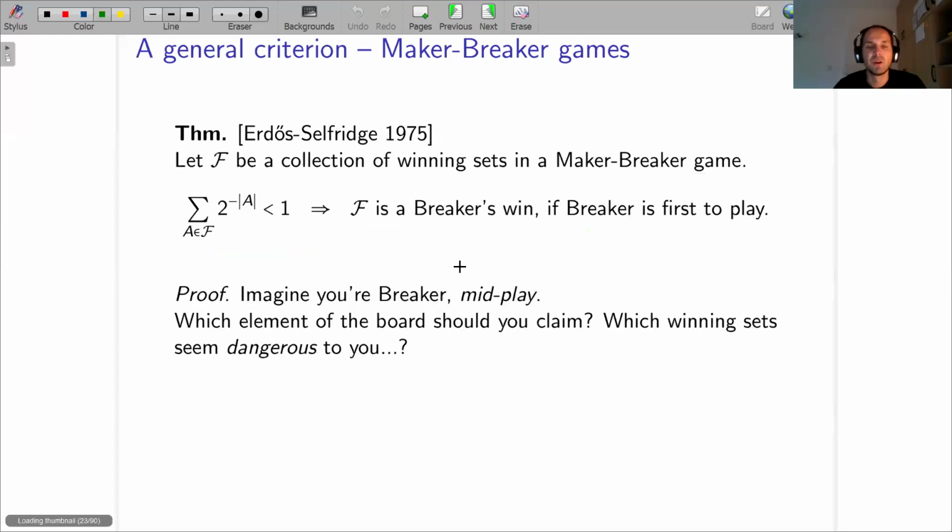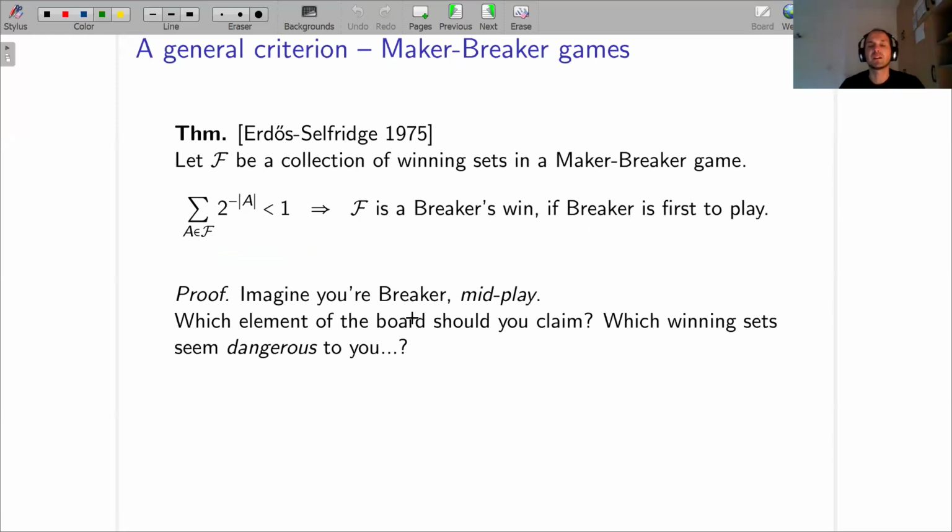And I want to show you the proof of this. It's quite straightforward and a nice application of what we call a weight principle, or potentials. Let's first analyze it a bit.